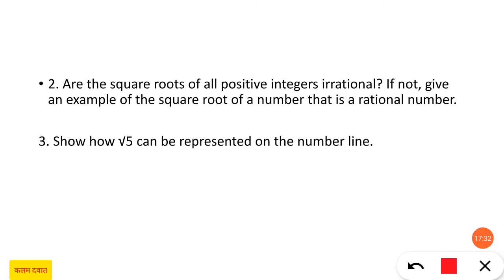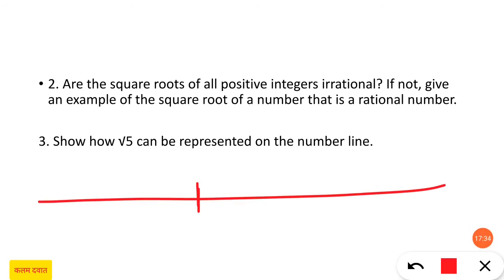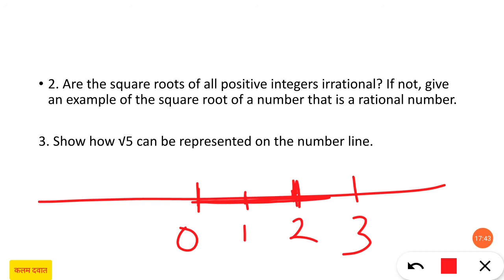I am making this again for you neatly. 1, 2, 3, this is 0. So this is base and this is altitude, sorry.